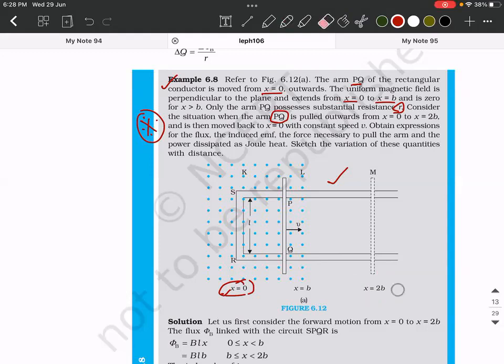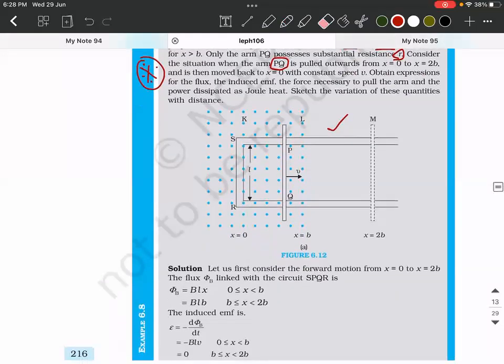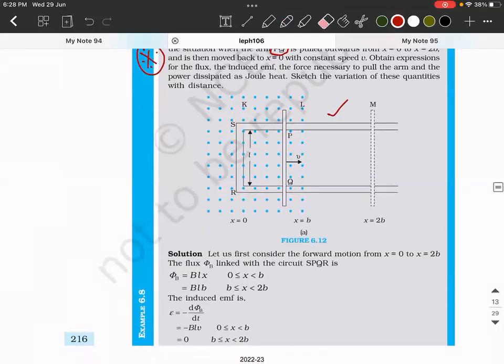Okay, shall we try to understand how it works? Now tell me one thing, when it is moving from x is equal to 0 to x is equal to b, is the magnetic field increasing or decreasing? Increasing. The amount of magnetic field associated with the loop is increasing, the area is increasing, so I can say flux is increasing.